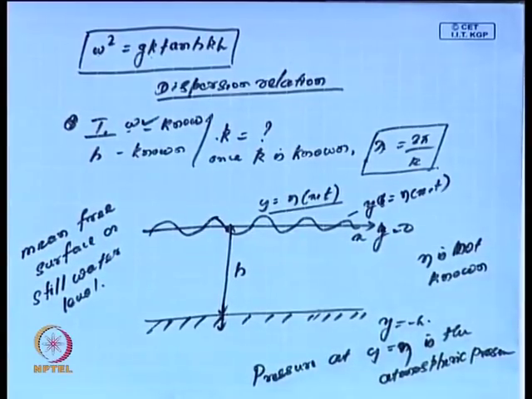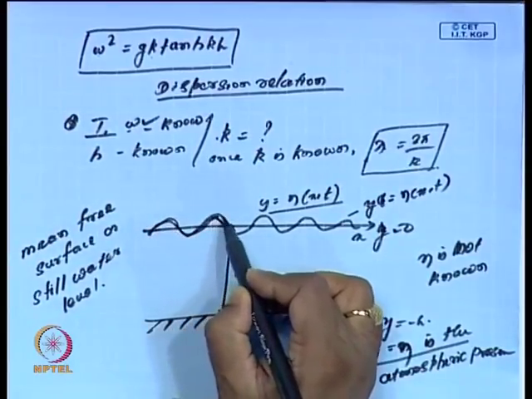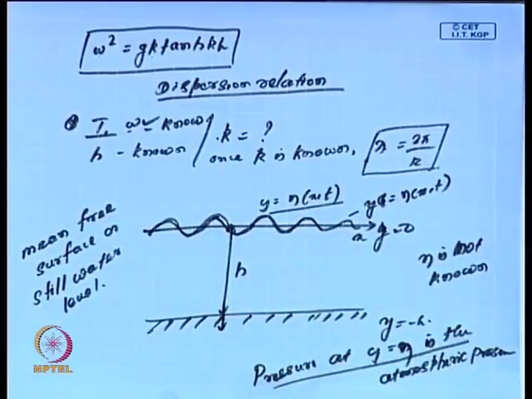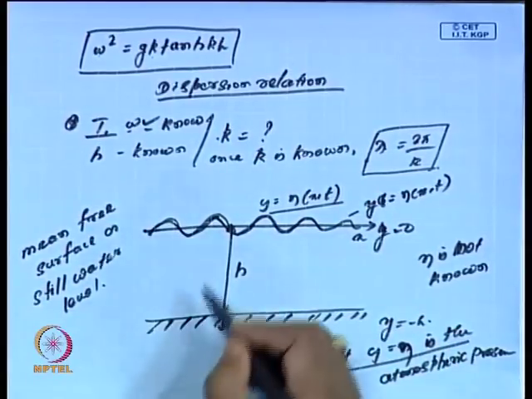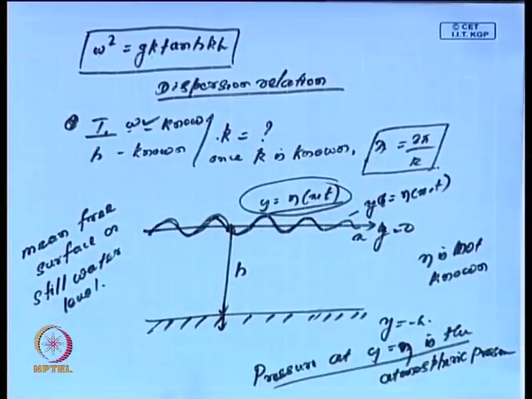So the atmospheric pressure is known, but this surface is a very dynamic surface and is not known. So we always need to obtain the surface, which is one of the major problems associated with waves.